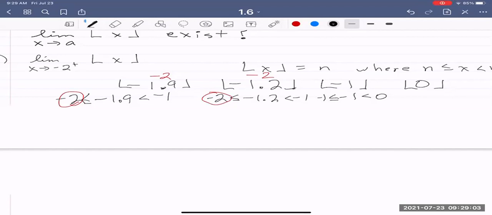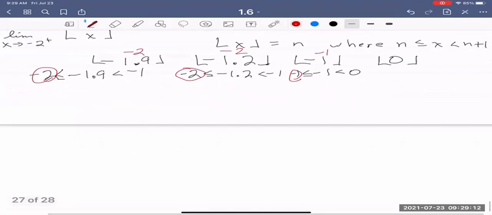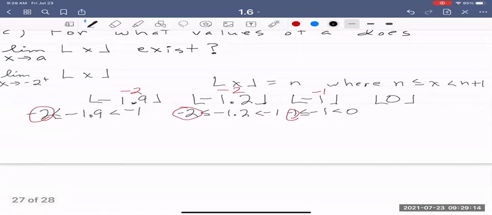And so this is equal to -1. At 0, well, it equals 0. 0 is between 0 and 1. So this is just equal to 0. Okay, so let's see what's happening.